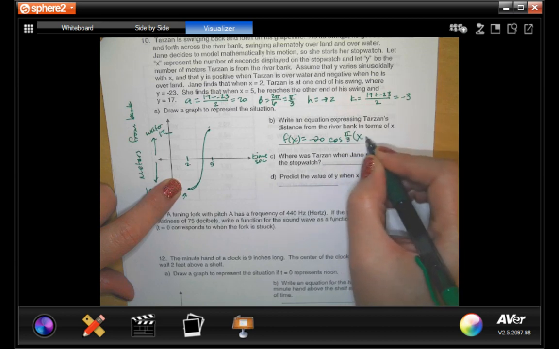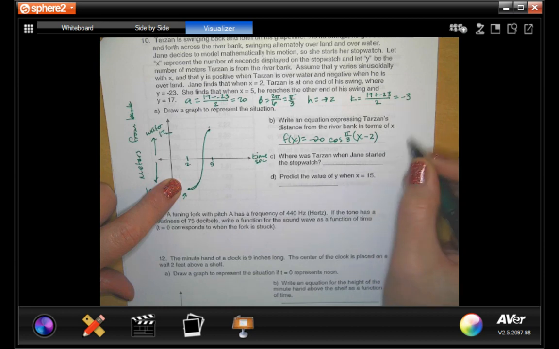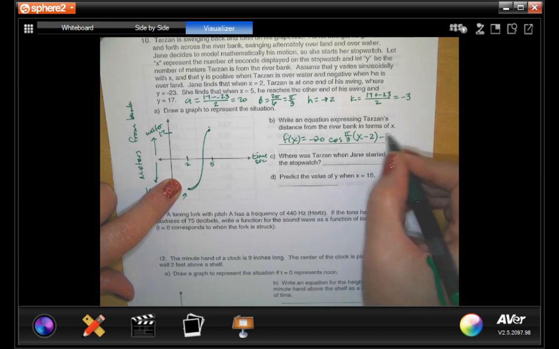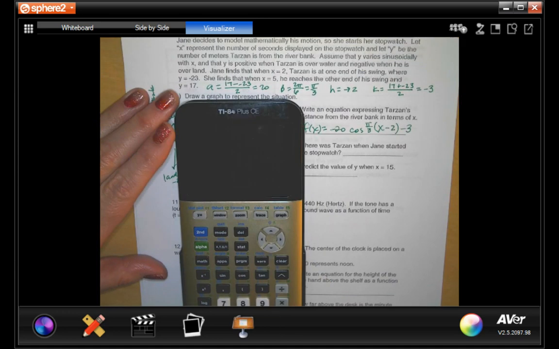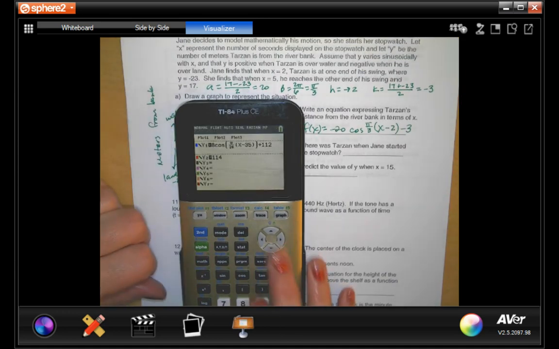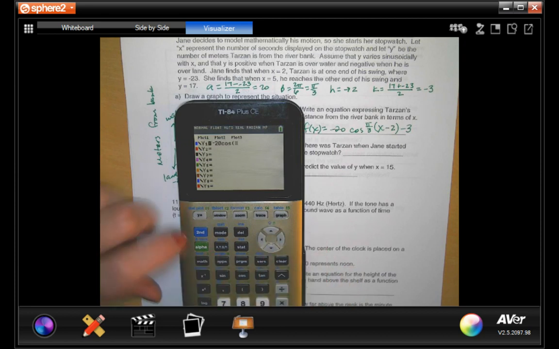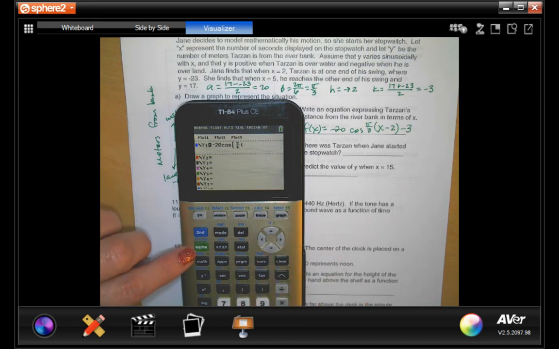We went 2 to the right, so x minus 2, and then 3 down, so minus 3. So if we type that in, negative 20 cosine pi over 6, open parentheses again, x minus 2, close, close, minus 3.